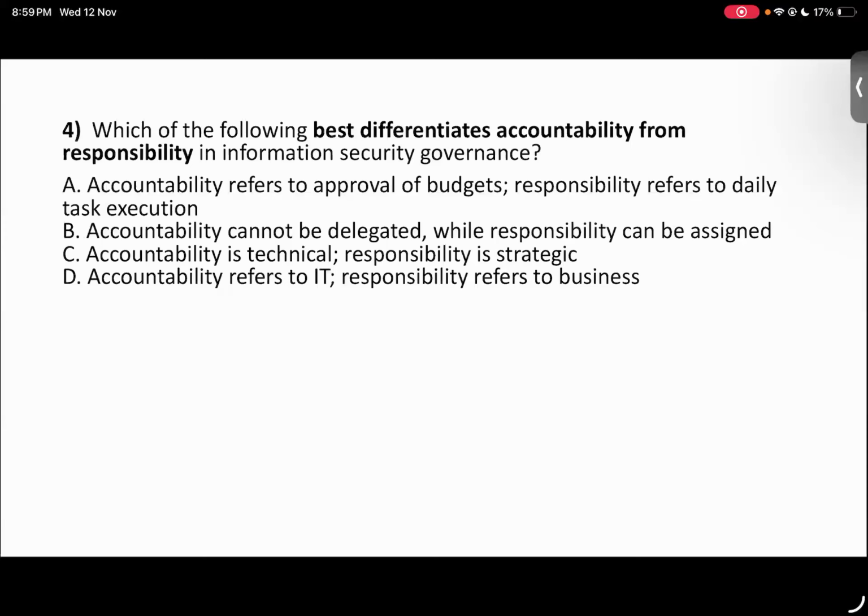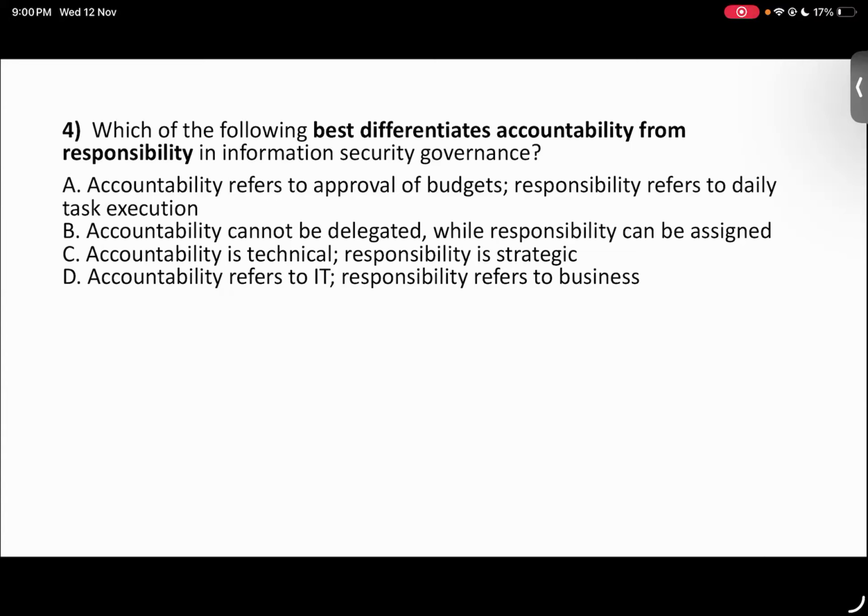Okay. Which of the following best differentiates accountability and responsibility? Accountability refers to approving the budget. Responsibility is for daily task execution. Accountability is technical.